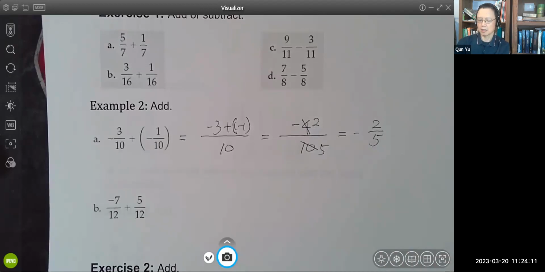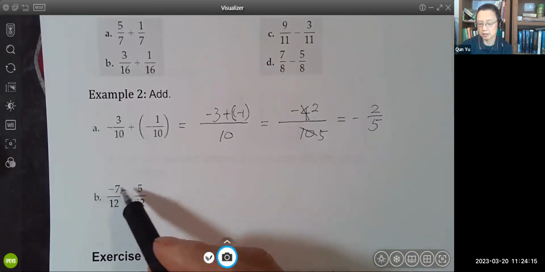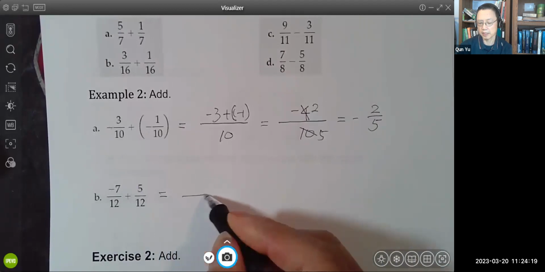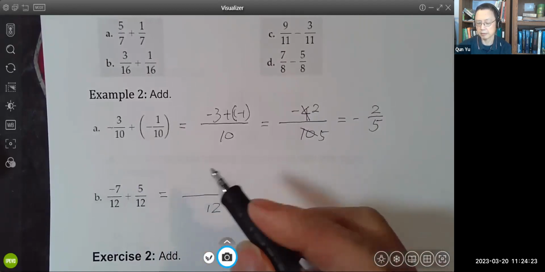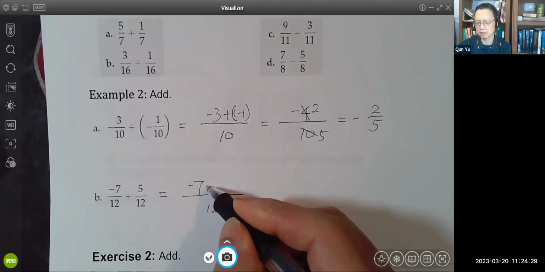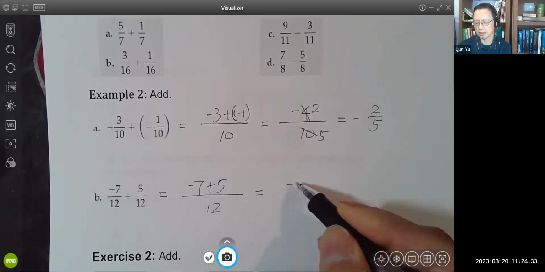Now, our next example, addition with mixed numbers, -7 and +5. So we still have the same denominator. So basically, they're the same kind of problem. We just add or subtract using numerators. -7 plus 5 is -2.